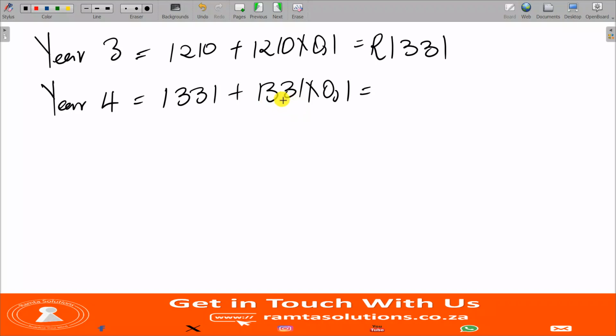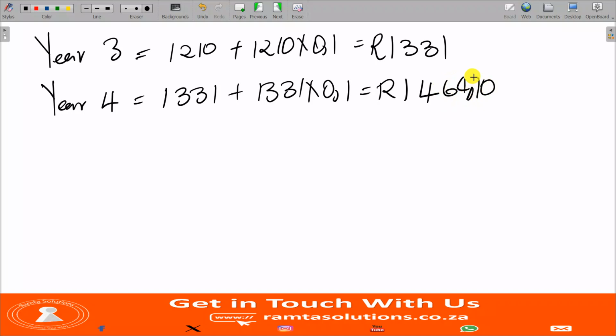So this now becomes 1,464 rands 10 cents.